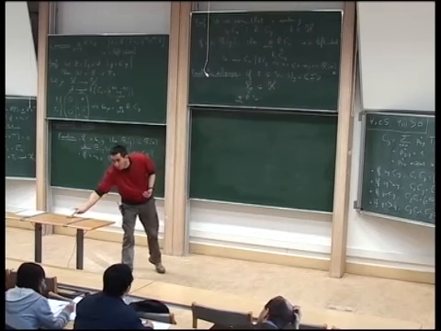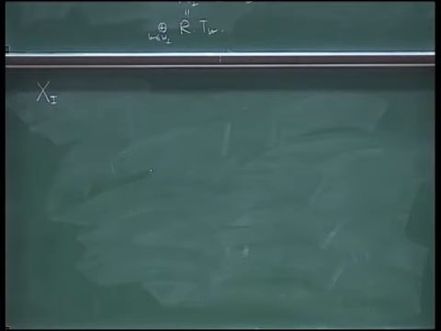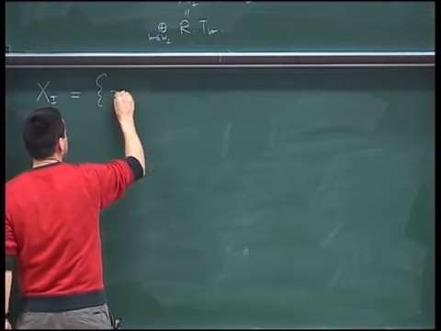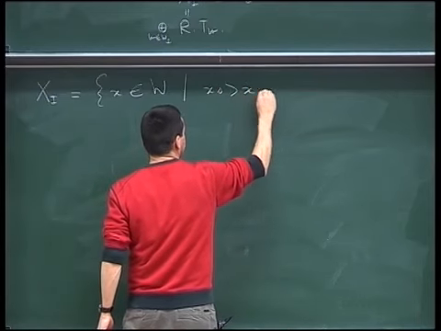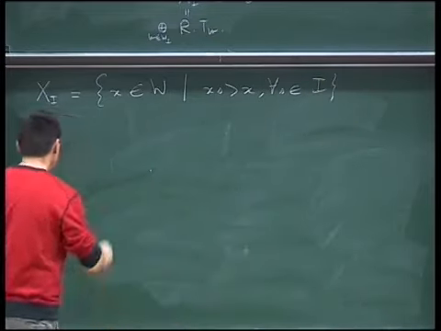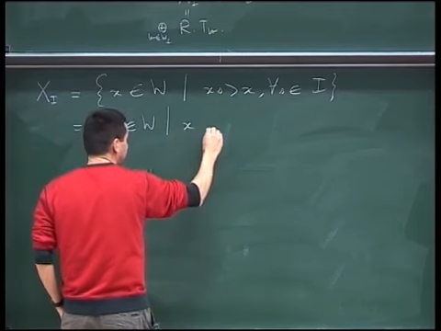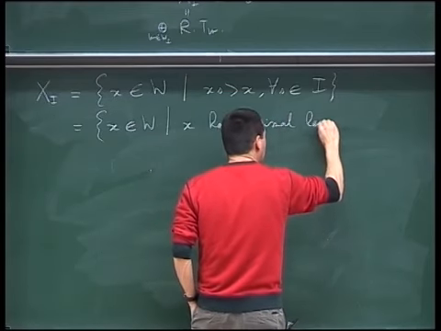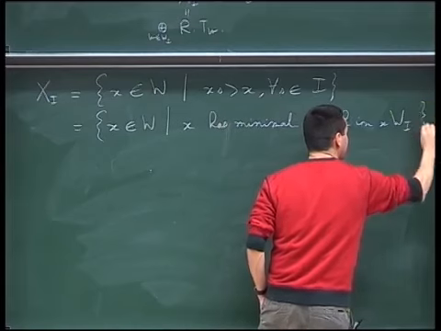And associated to parabolic subgroups, there is a distinguished set of representatives of the cosets, which I will denote by XI. This is the set of x in W such that xs is greater than x for all s in I. And this is also well known to be equal to the set of x in W such that x has minimal length in its WI coset.